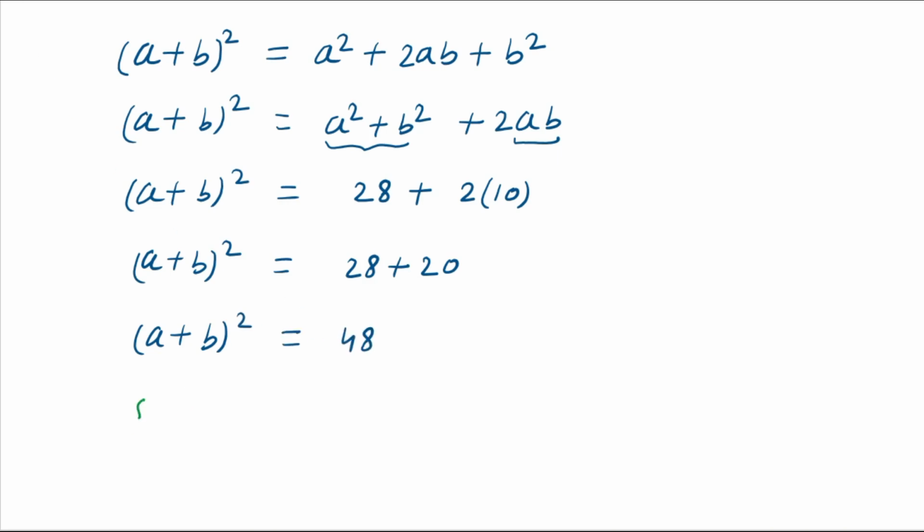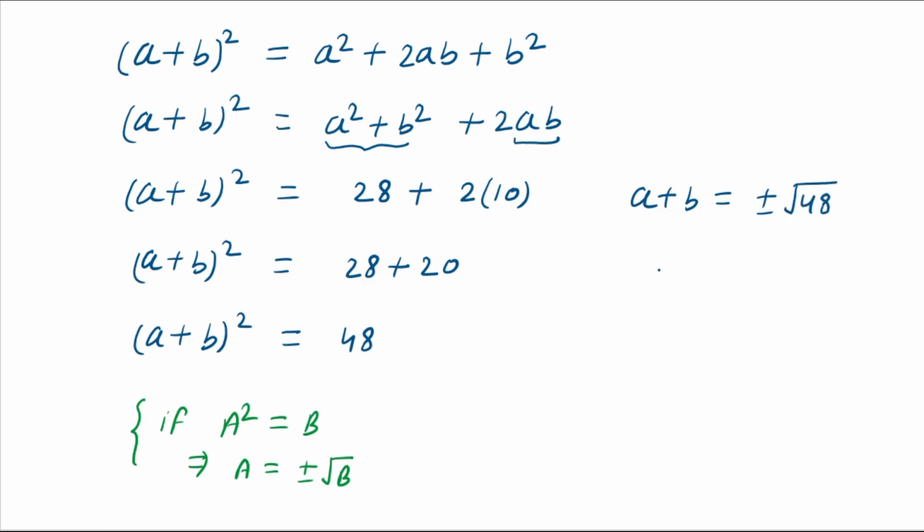Now if you apply this rule, if a square equals b, this implies a equals plus or minus square root of b. Then a plus b equals plus or minus square root of 48, which is square root of 16 times 3.